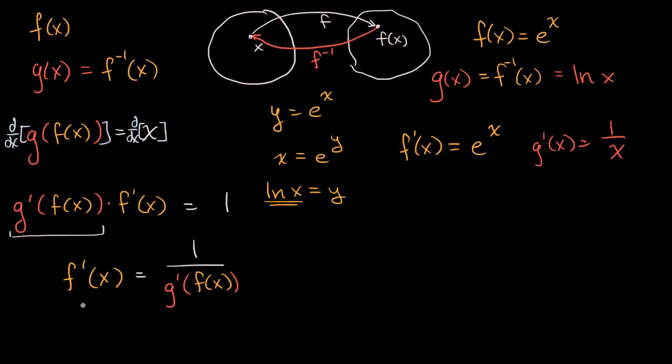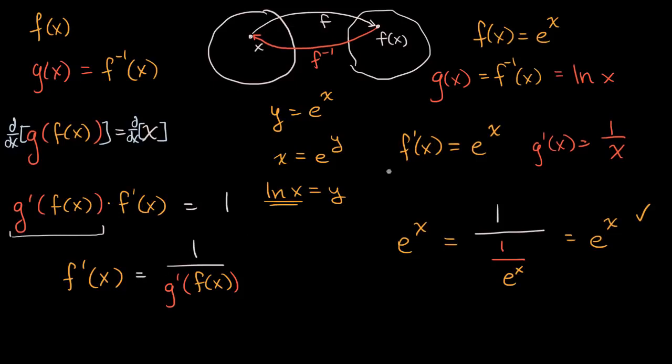We should get a result, f prime of x, e to the x, should be equal to 1 over g prime of f of x. So g prime is 1 over our input, and f of x is e to the x. So 1 over e to the x. Is this indeed true? Yes, it is. 1 over e to the x is just going to be e to the x. So it all checks out.